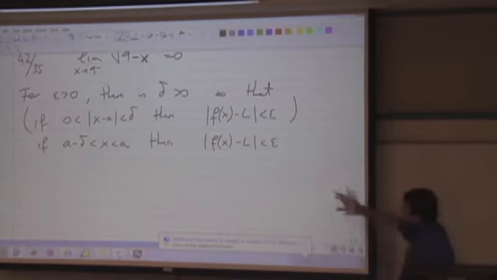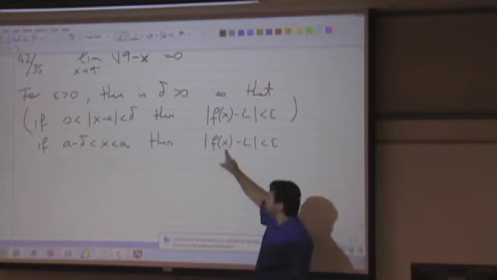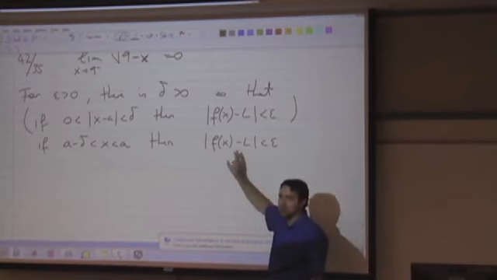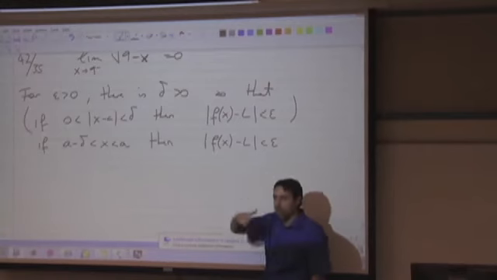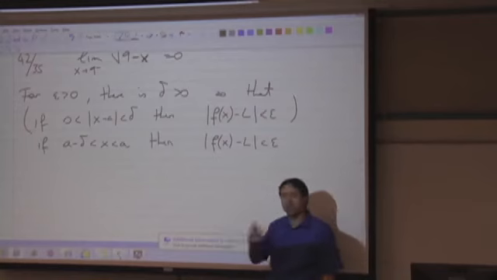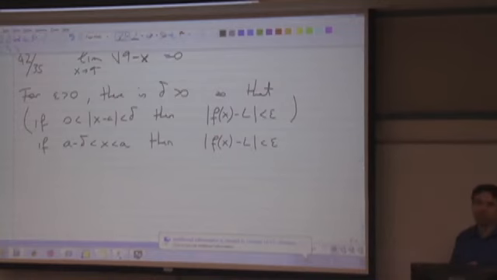Well, epsilon has to be positive, but the reason why I have to keep the absolute values is that I have no guarantees that if I take out the absolute values, that would automatically imply that f is increasing, which is something that I don't know. I don't know how my function is going to behave getting into L. So it could be higher or it could be lower than L. And so I have to still keep it in terms of absolute values. Do you understand what I'm saying?